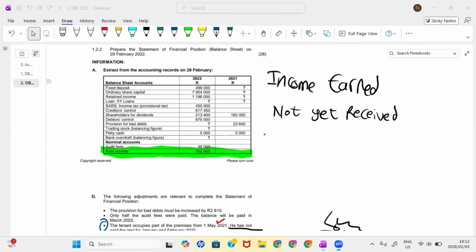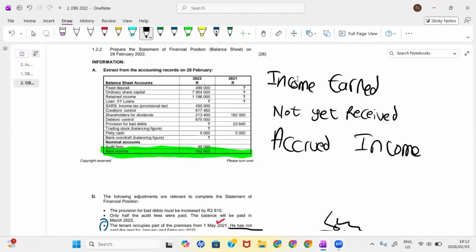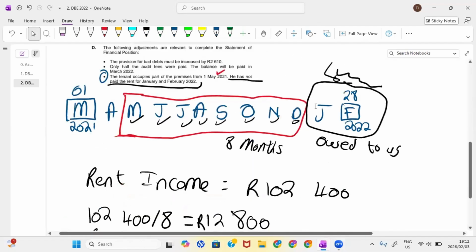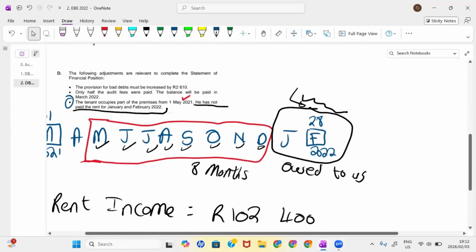It's accrued income, guys. Oh, I already see answers. Okay, accrued income. Yeah? It is accrued income. Income that has been accrued. Right? Yes.